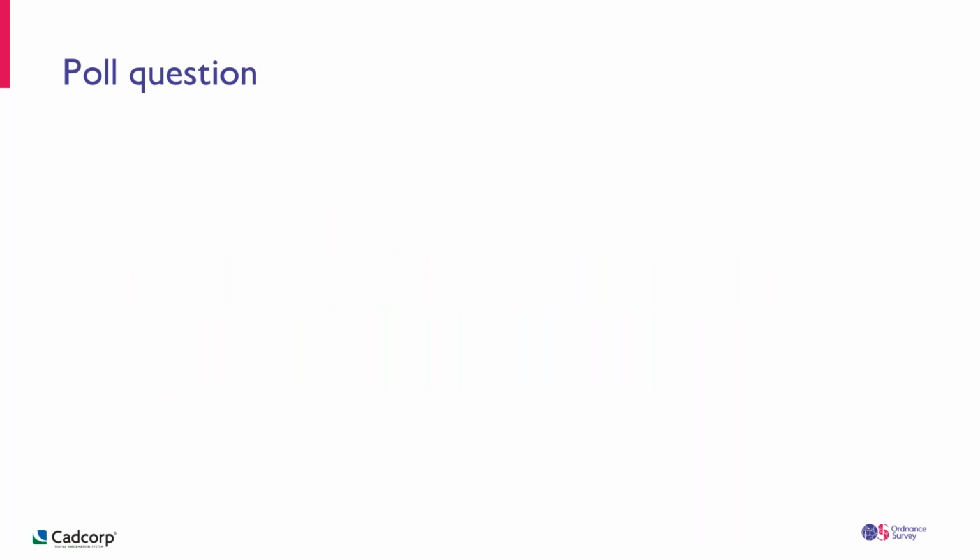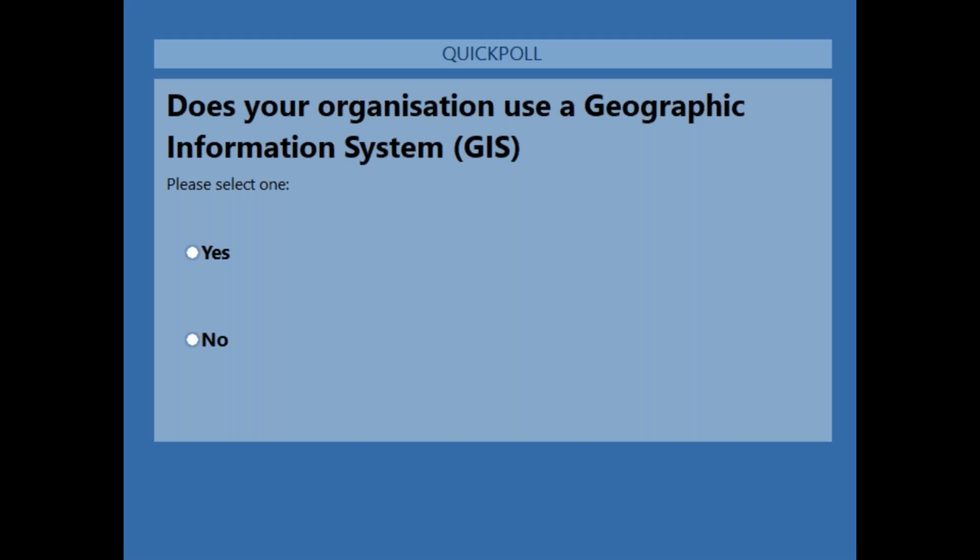So we're going to quickly just have a couple of poll questions. The first one, does your organisation use a geographic information system? If you could just answer yes or no. Is anybody else wanting to vote?